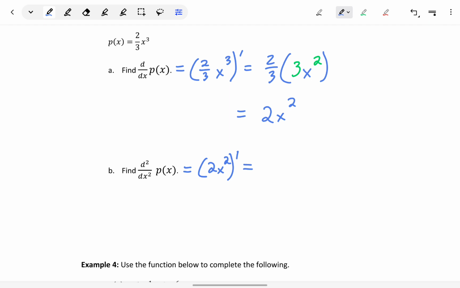We're differentiating another power function, so we'll apply that same property. This will become 2 times the derivative of x squared, which will be 2x to the first power. Then simplifying a little bit here, we'll end up with 4x as the result for that second derivative.